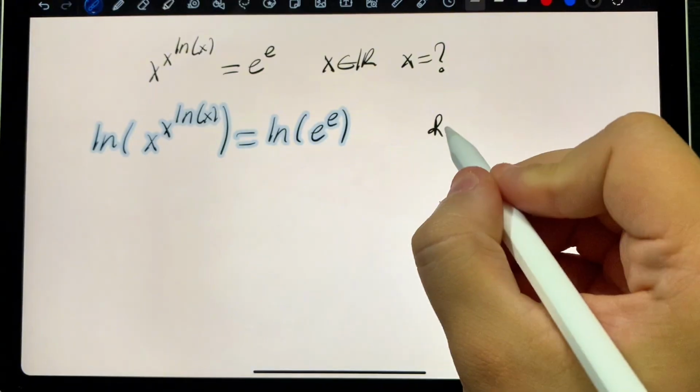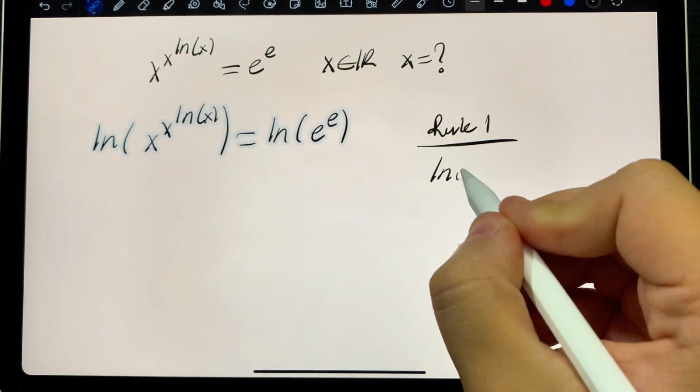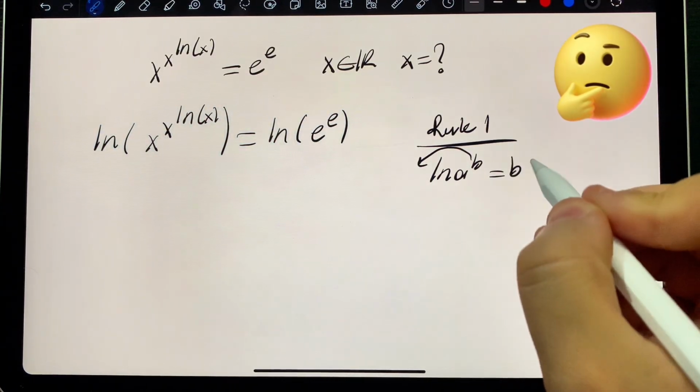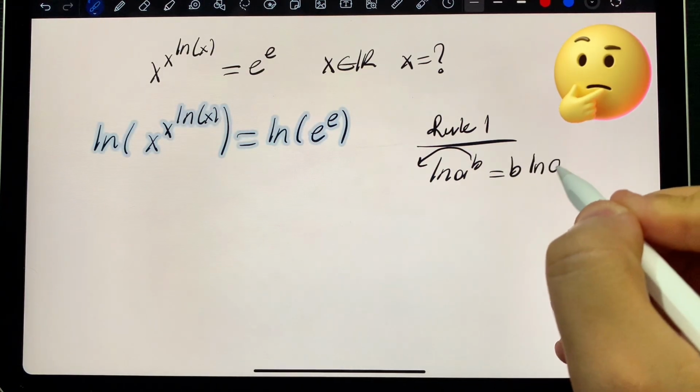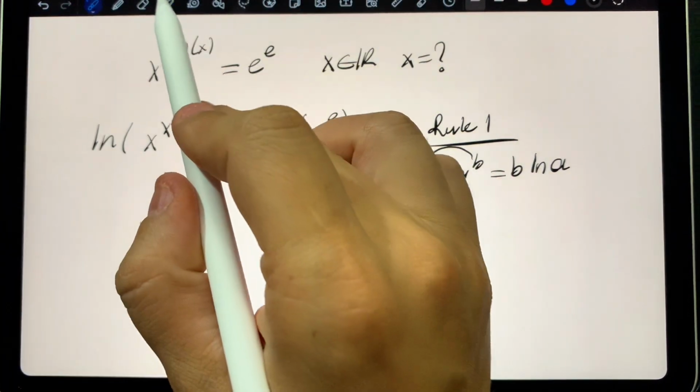Rule 1: ln a power b equals b times ln a. Now look at this.